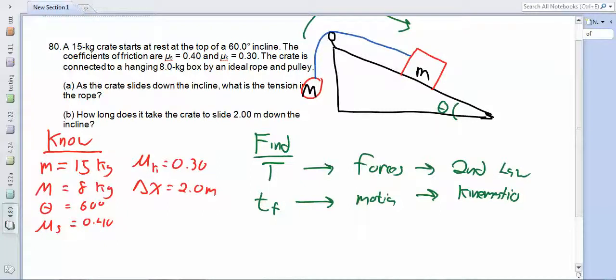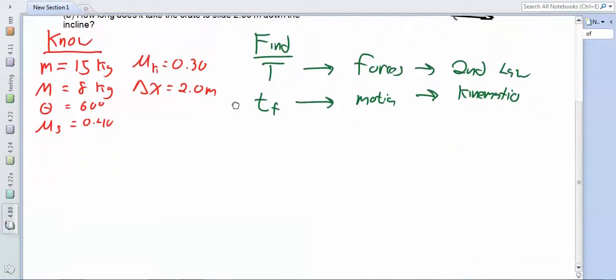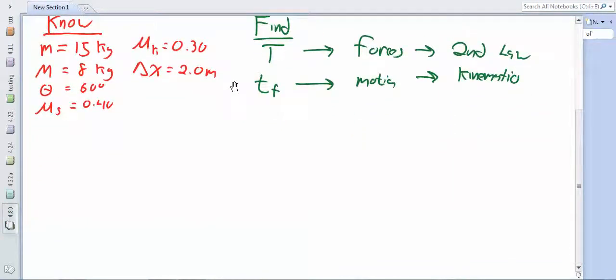So we need to do the forces part of the problem first in order to find the tension, and the tool that we use to solve the forces part would be force diagrams. Let's first draw a force diagram for the hanging mass. It would have a downward force caused by gravity, capital mg, and an upward force caused by the string, called tension.